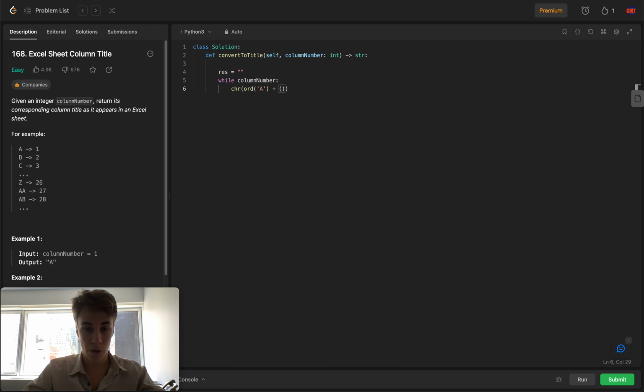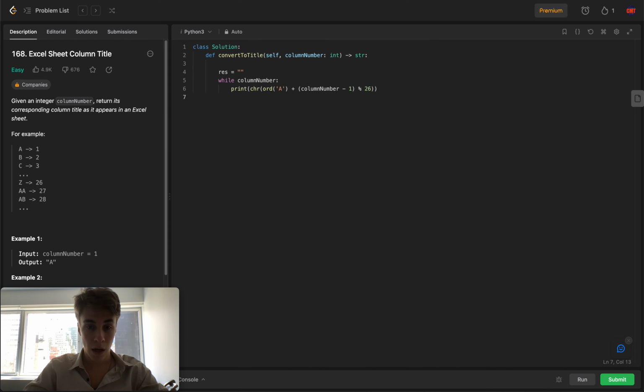My offset is always going to be column number minus 1, because when I'm given the number 1, I have to print A. And so if column number is 1, 1 minus 1 is 0, 0 plus the order of A would give me A. But that's not enough. I need to modulo this by 26, which is our largest denomination. Could have also used order of Z. But let's see, print.